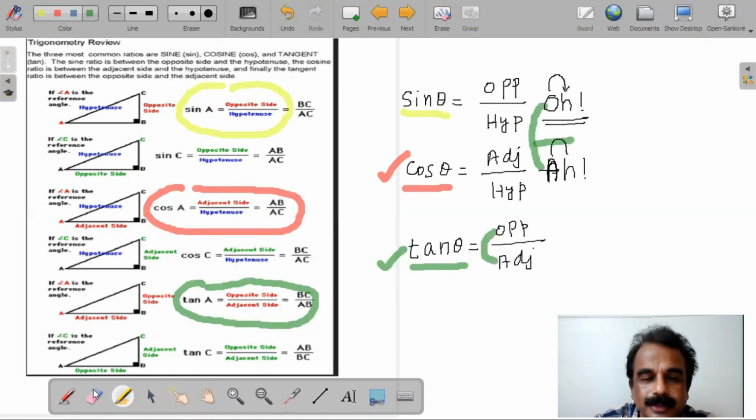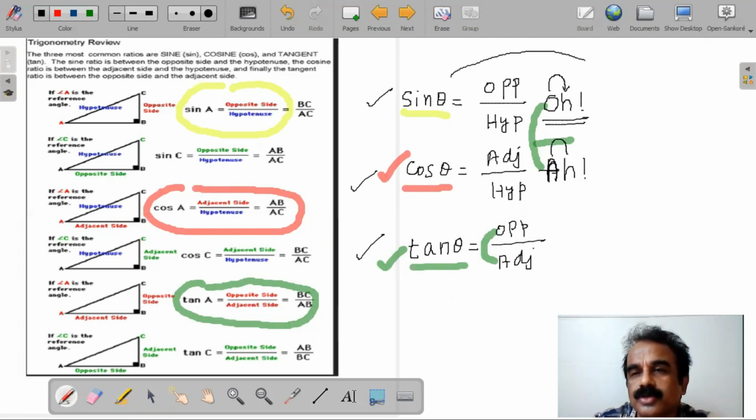It is very simple. And also, if you know sine, cos, tan, you should know the reciprocals. What is the reciprocal of sine? It is cosec theta. Just the opposite: hypotenuse by opposite.